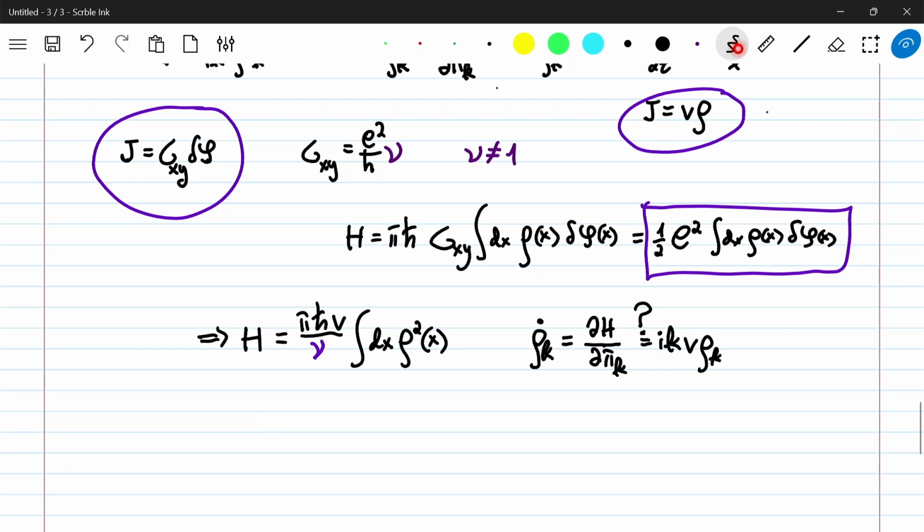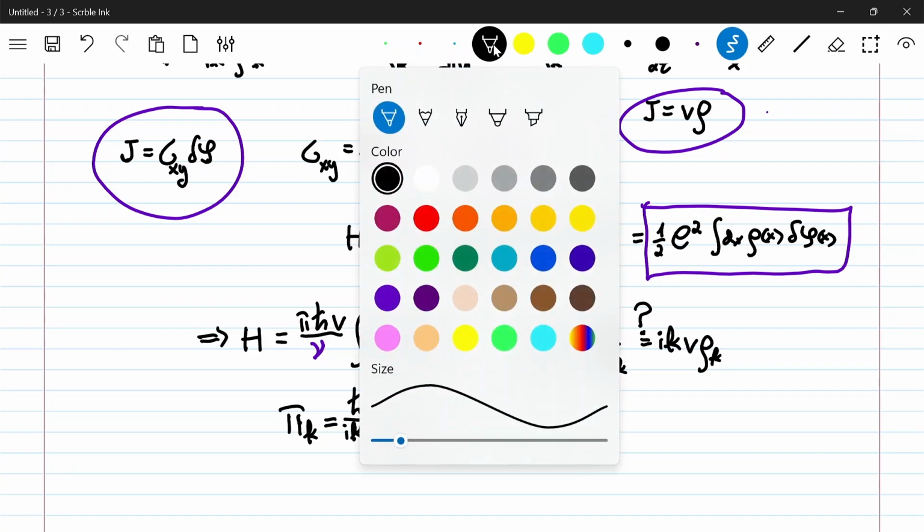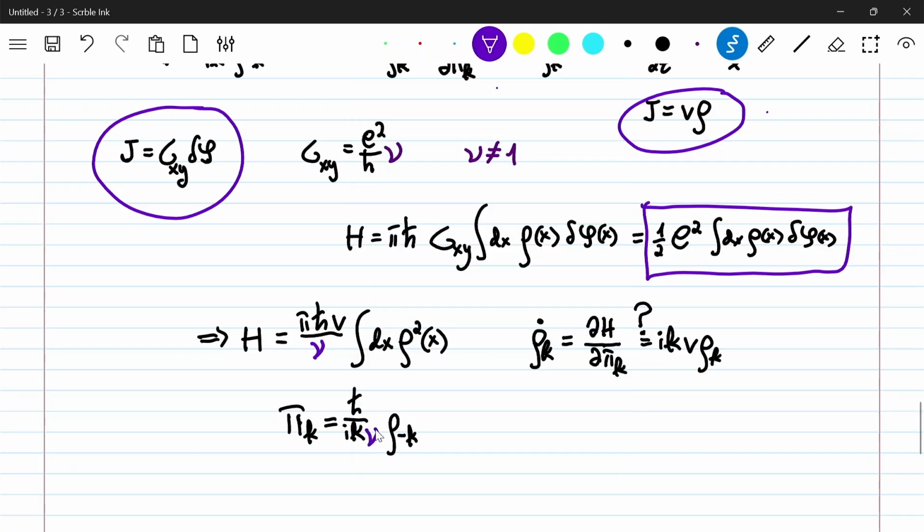So in order for this to be satisfied, I need to define the momentum operator pi to be related to rho minus q minus k again, but with a factor of nu in the denominator. Okay. This will work fine.